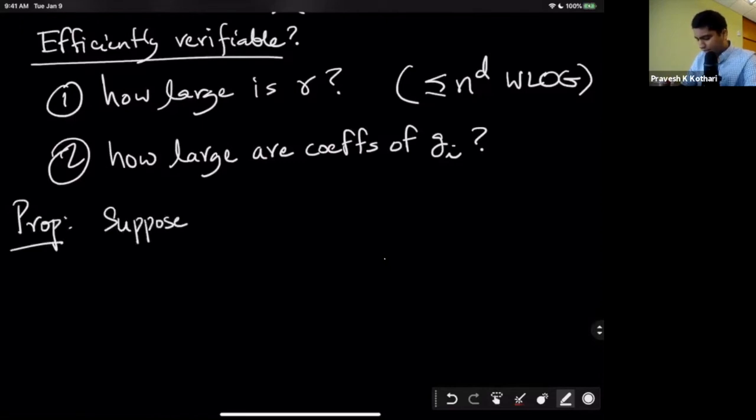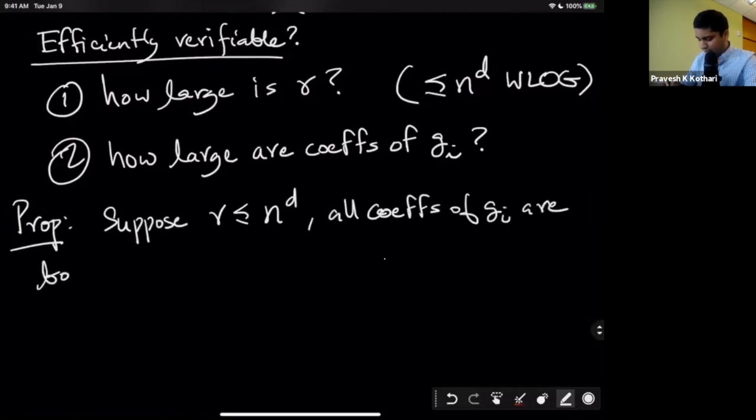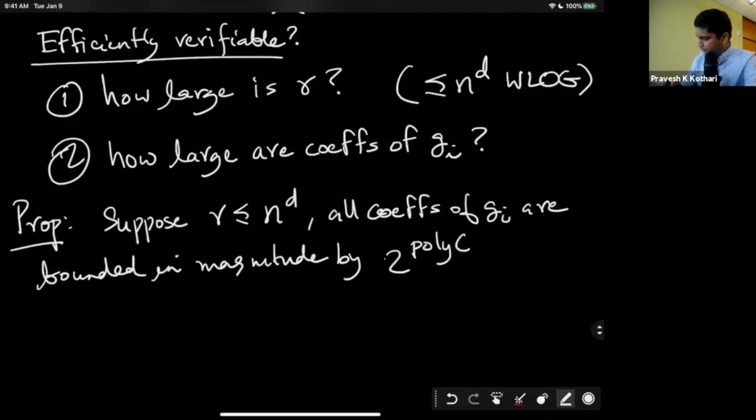Suppose R is at most n to the d, and all coefficients of g_i are bounded in magnitude by 2 to the polynomial in n to the d.